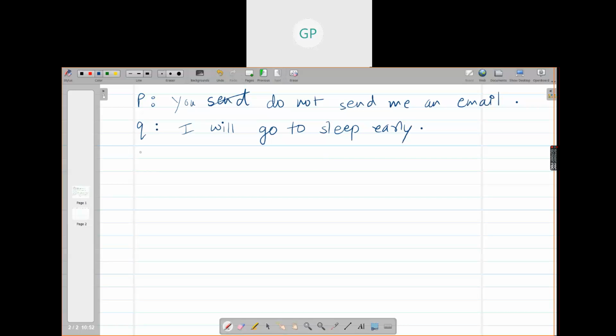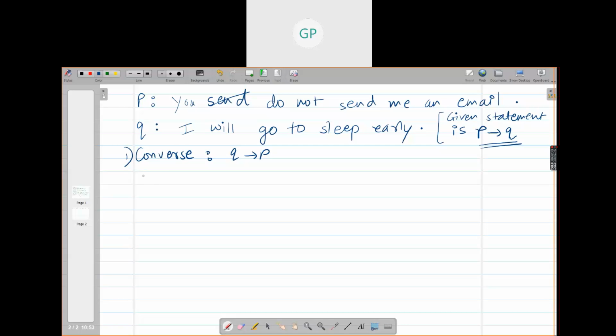Now, what is converse? So, the given statement is in which form? The given statement is P implies Q, right? So, what is converse then? Q implies P. So, how will you write it in words?